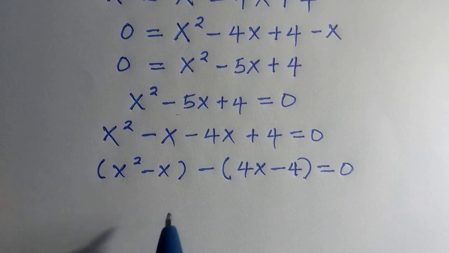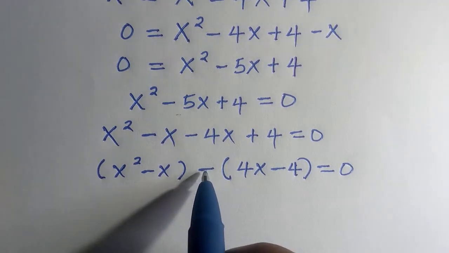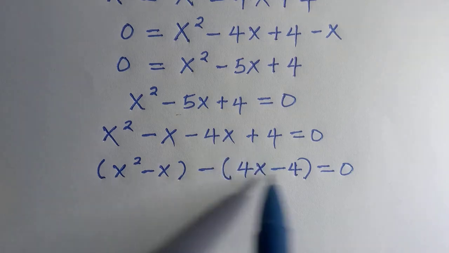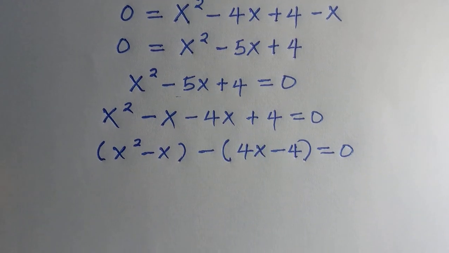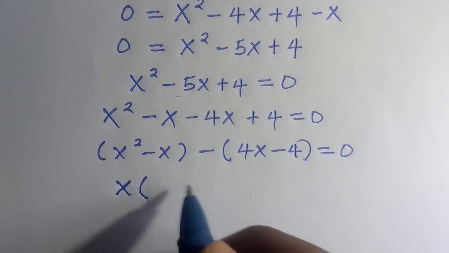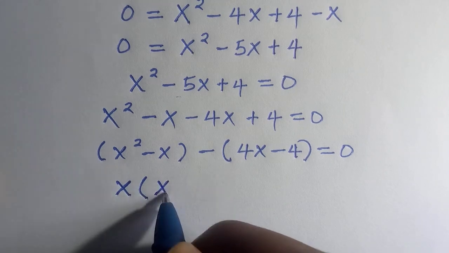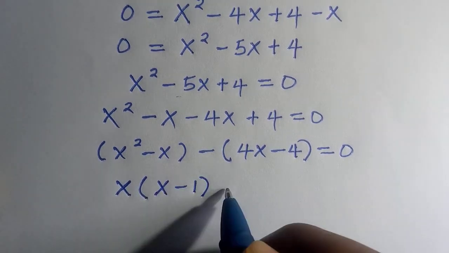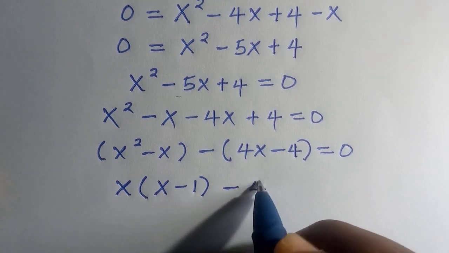We take out a negative here because this one must be positive when we expand the parentheses. What is coming here is x. We factor it out and here becomes x minus 1, and what is coming here as well is 4.